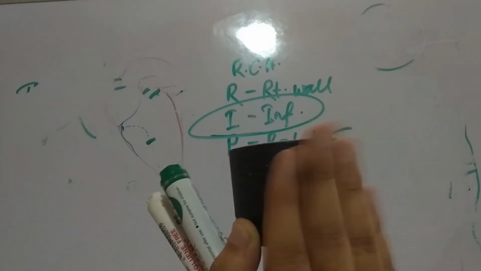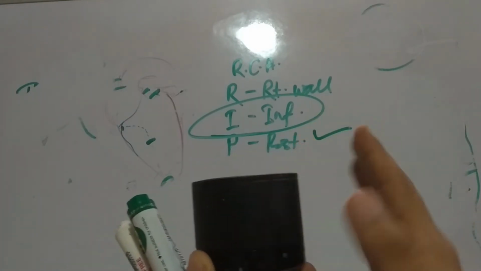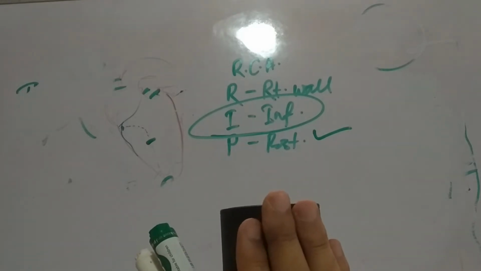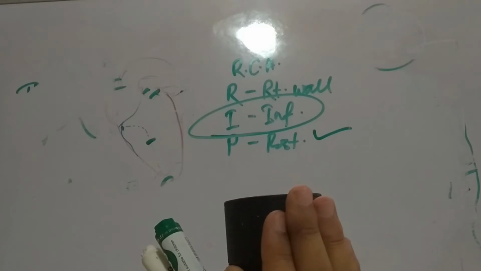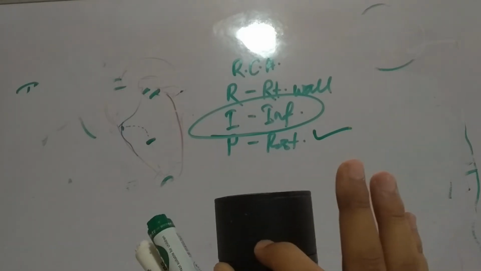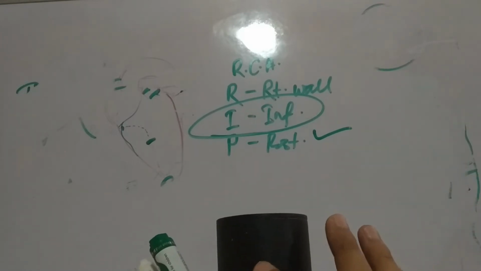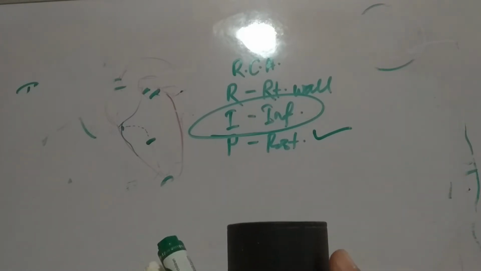You are putting the chest lead here, so ST segment elevation won't be seen in the anterior leads. A reciprocal relation will be seen in the anterior leads, that is V3 and V4: they will have ST segment depression and inverted T wave in case of posterior MI.